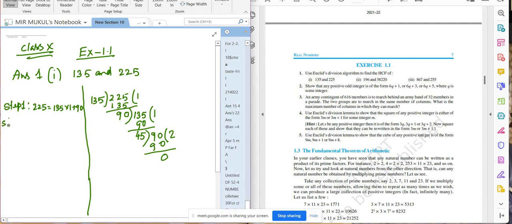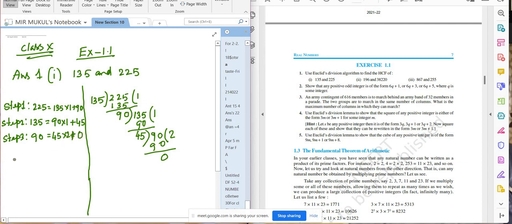Now step 2: 135 can be written as 90 into 1 plus 45. Then step 3: 90 equals 45 into 2 plus 0.